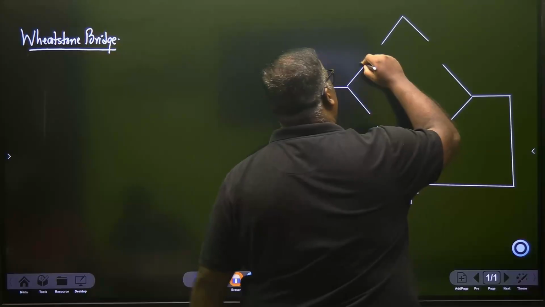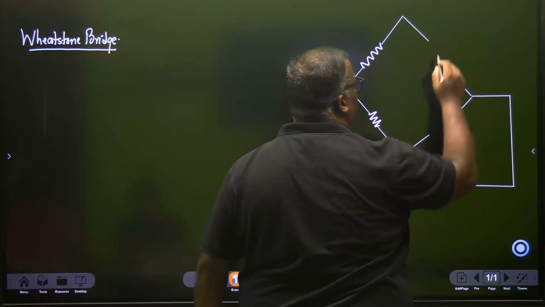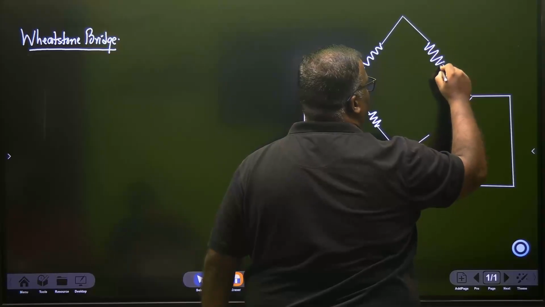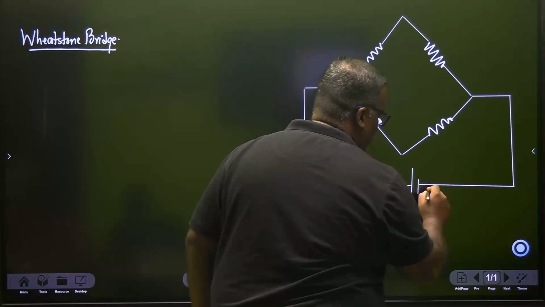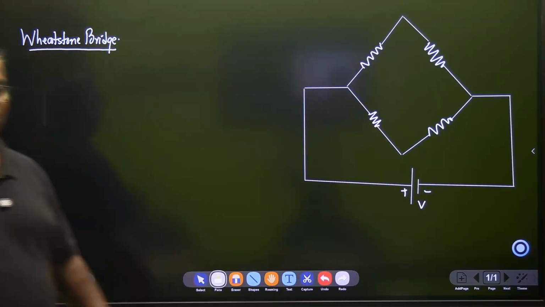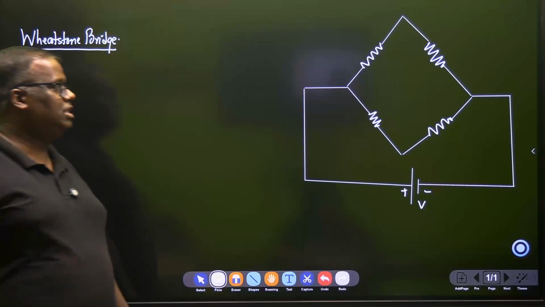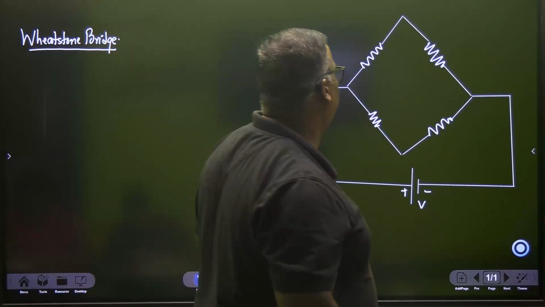This is what a Wheatstone bridge looks like. This is an arrangement of Wheatstone bridge. Four resistances in a rhombus pattern, in which two resistances will be on the top arm, two below.